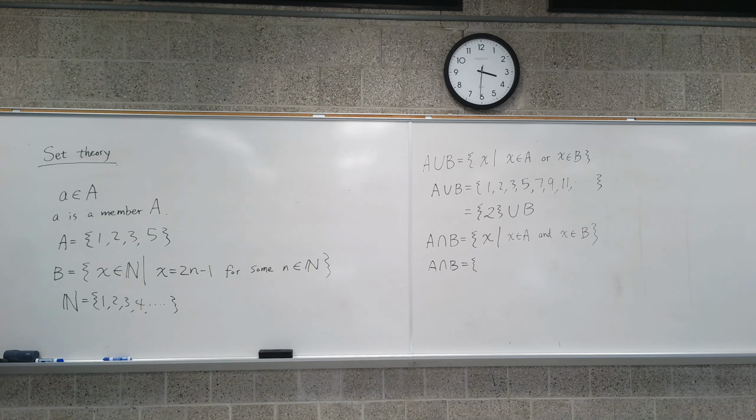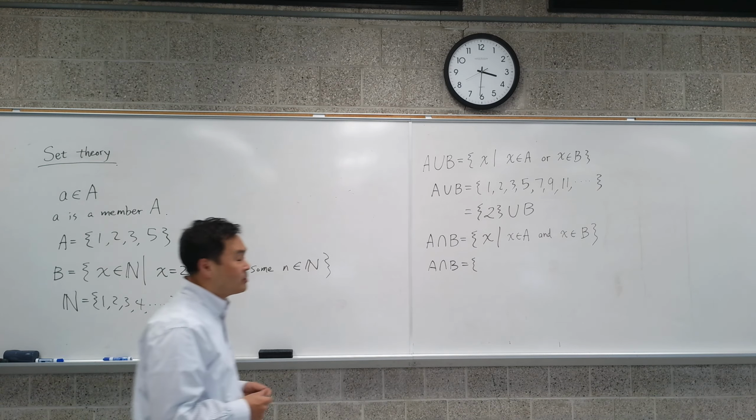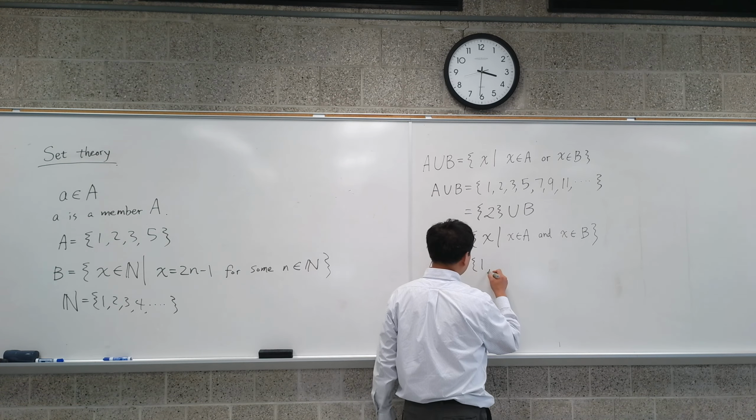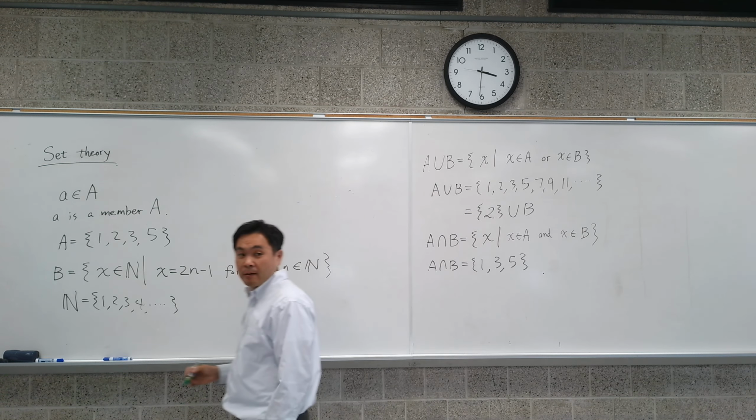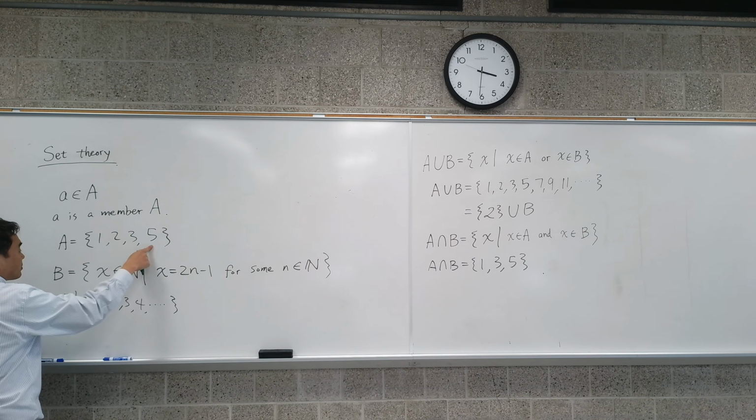Is it 1, 2, 3, 5? 1, 2, 3, 5 intersect with all the odd numbers, so what's the intersection? 1, 3, 5, right? Only 1, 3, and 5 belong to both.